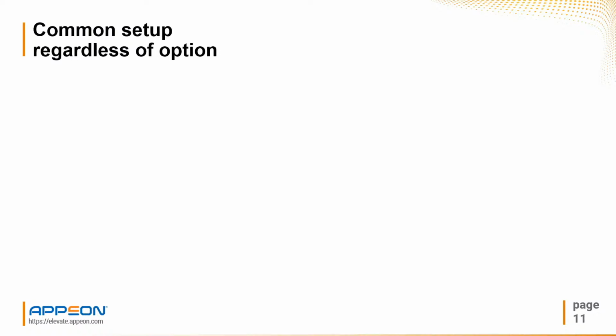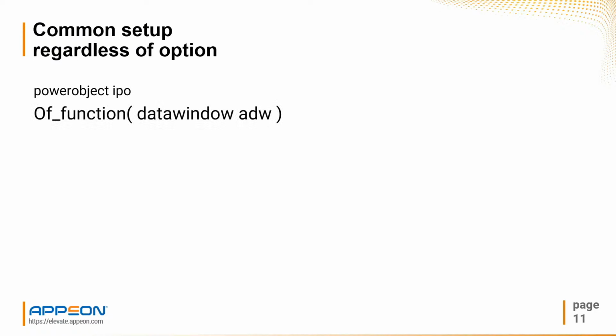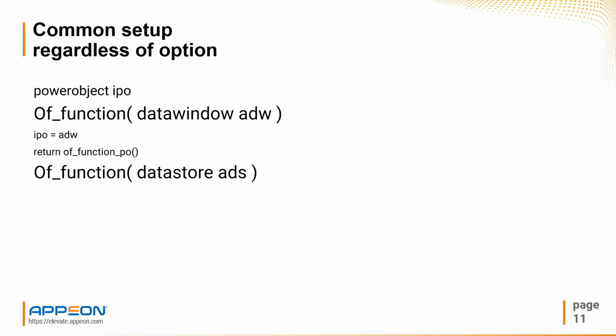Regardless of which of those options you use, when you're setting up an object that is designed to run business logic on either DataWindow, DataStore, or DataWindowChild interoperatively, you typically will have a similar set of setup options. One is a power object that stores what you're running here.